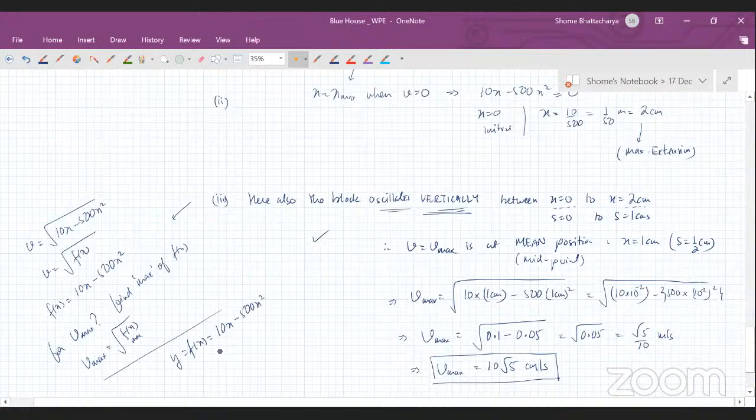Okay, to find the maximum of the function, you know what to do. This is a quadratic function. So you know its graph is like this. You don't even need to use differentiation. You can see the roots are 0 and 50. Sorry, 0 and 1 by 50.